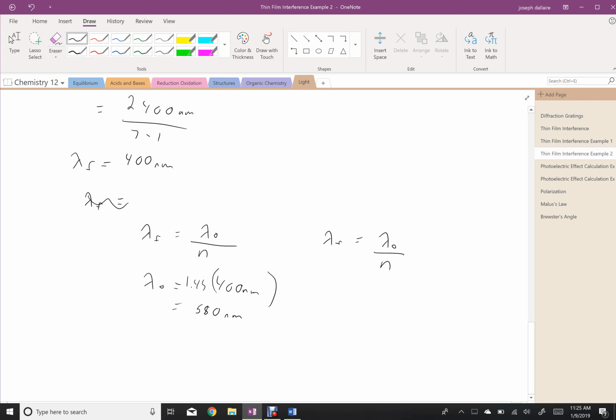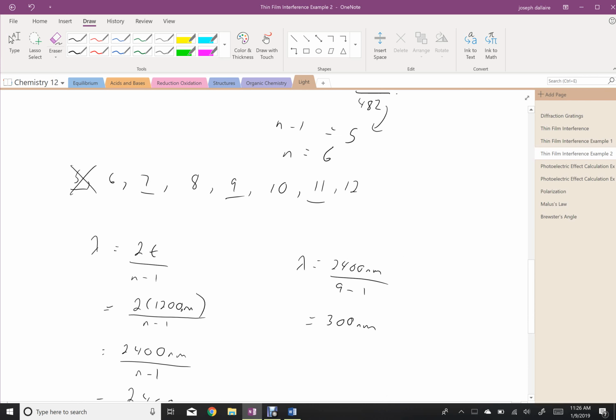So my lambda in the film is 300 nanometers. My lambda out is what I'm interested in. My refractive index is 1.45. So if I go 300 times my 1.45, I'm going to get a lambda original of 435 nanometers.